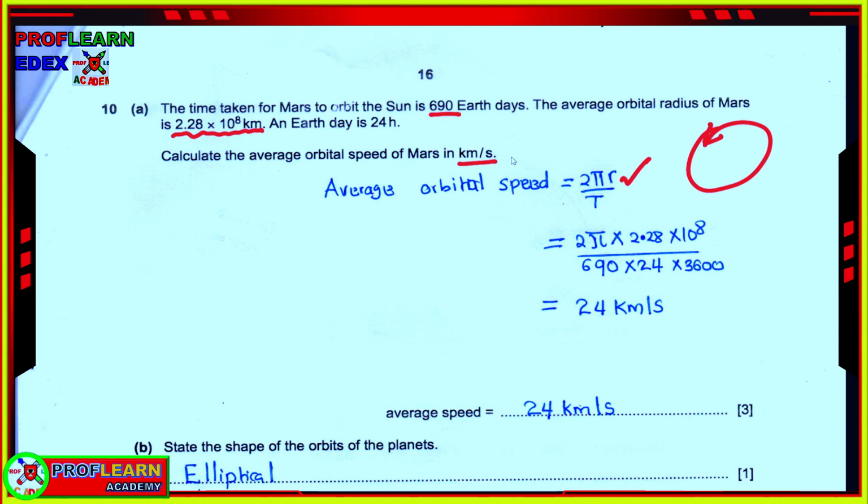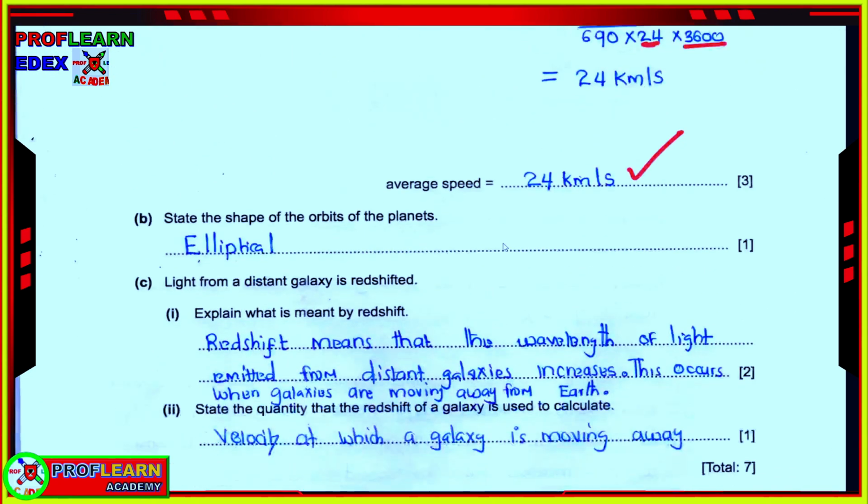Then we have to ensure that our time is in seconds. So it would be 690 times 24 times 3600, because in 1 hour we have 3600 seconds. So working it out, we are going to get our answer as 24 kilometers per second.